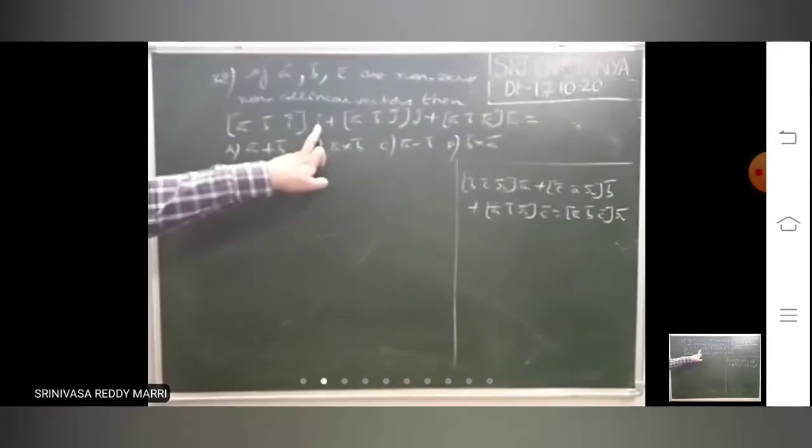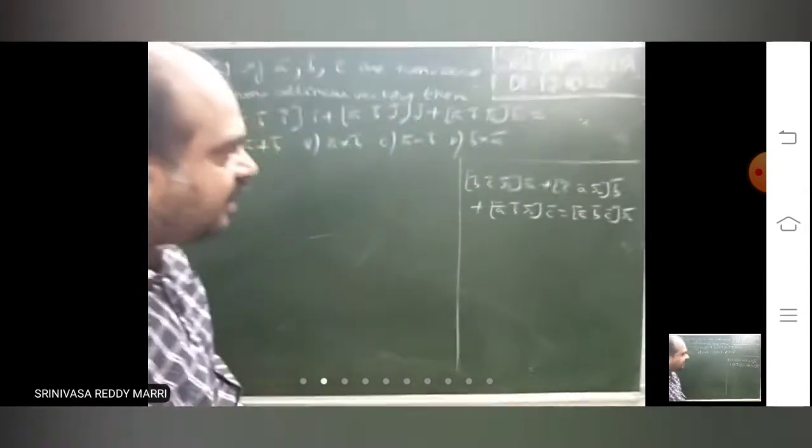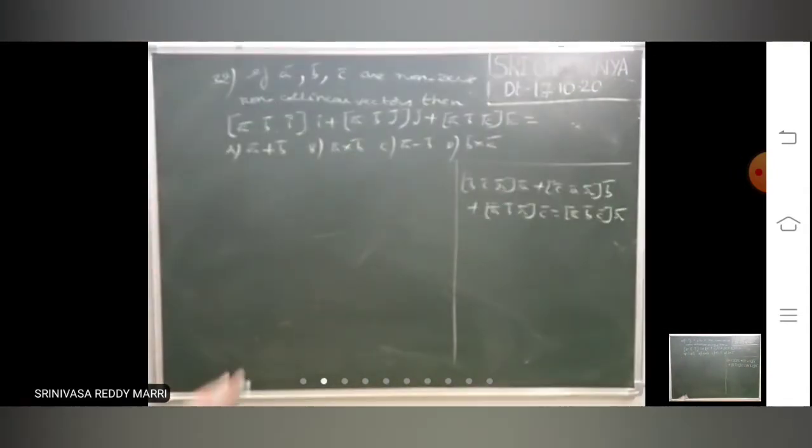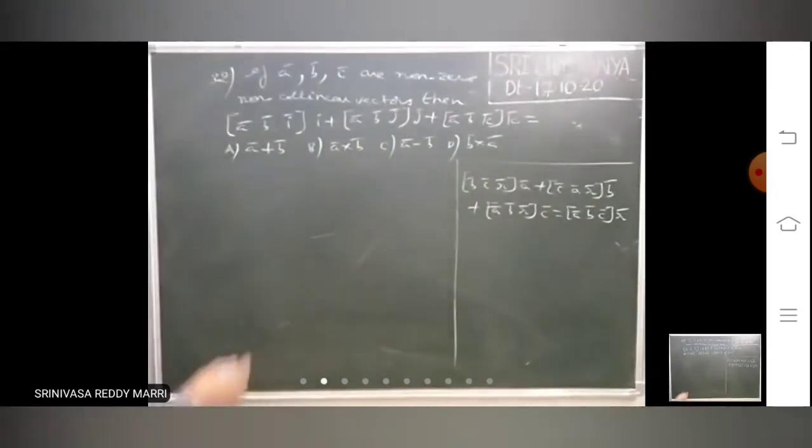So now clearly A, B, C are this. Now what is the common vector? There is no common vector here. Just like R bar, right?